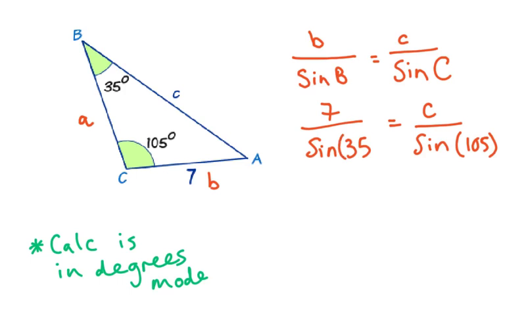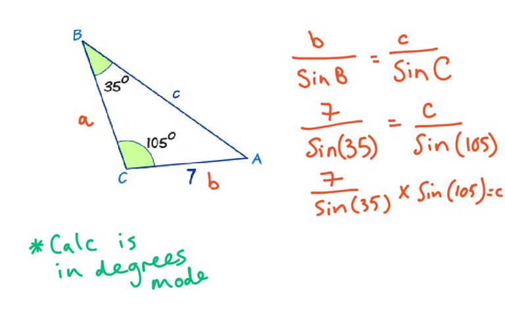Like what we did when we were doing trigonometry, you need to get C to be on its own. So sine 105 is on the other side and it's doing the dividing. So 7 divided by sine 35 gets multiplied by sine 105 because it moves to the other side, and that allows C to be on its own.